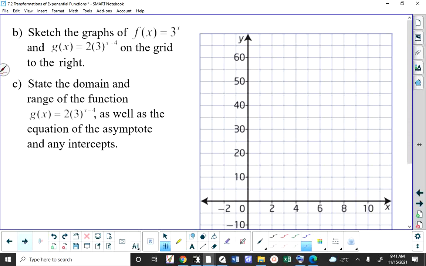So first of all, understand that your graphs do not have to be perfect. And I pulled this basic grid from a diploma exam where they had a very similar question. And when I first saw it, I thought, well, that's kind of dirty. We have a base of 3, and look how the vertical axis is scaled. It's scaled horribly. So our graphs are not going to be perfect. The first thing we want to do is start off with y equals 3 to the x, which I'm going to graph in green.